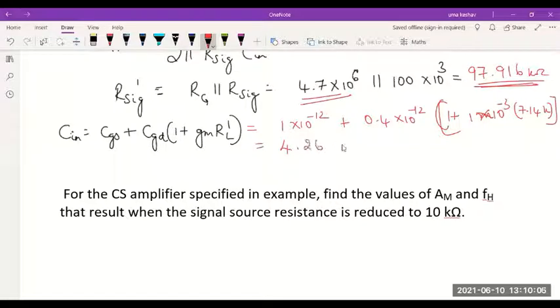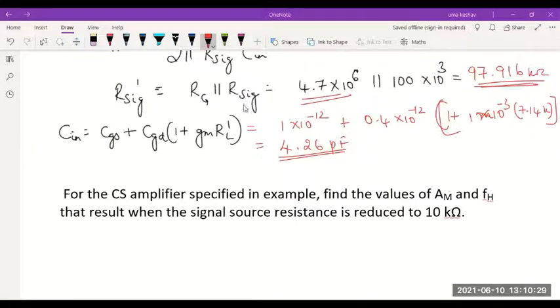I think it should be 4.26 picofarad. Yes, 4.256 or 4.26 picofarad should be the right answer, because based on the GMRL dash, the gain what you have, it can't increase by such a huge factor.